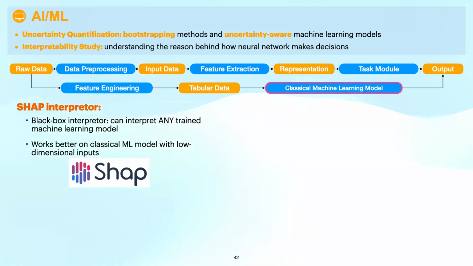This Shapley value interpreter actually works better on classical machine learning models instead of a deep neural network, because it's very slow. So it's better to work with tabular data after feature engineering, where you have a very low dimensional input.